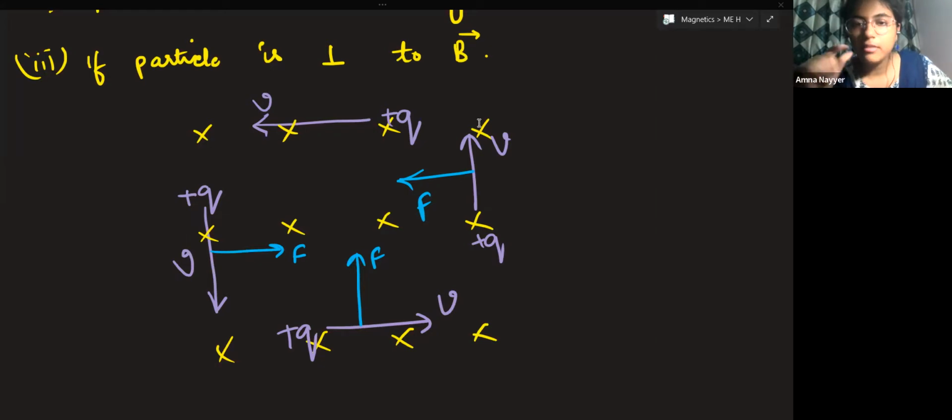Fahad, now keep your right hand along the direction of velocity. Where are your nails pointing? Towards the right or left? Left side. Towards the right. Are you keeping your hand like this, or are you keeping it straight?